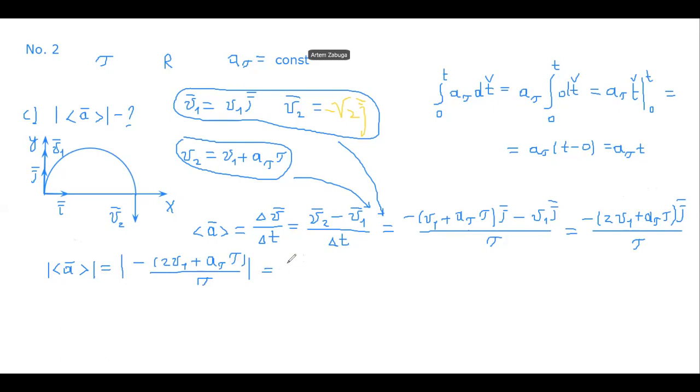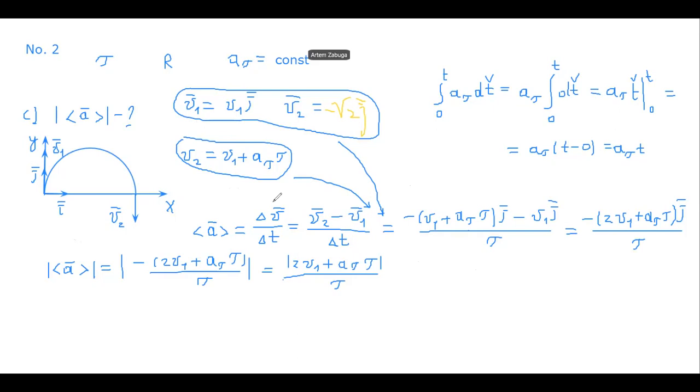Is the numerator positive or negative? I think it is positive, because if it is negative according to this formula, a point will not get to the final position.